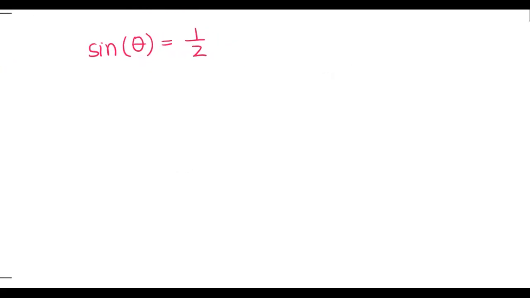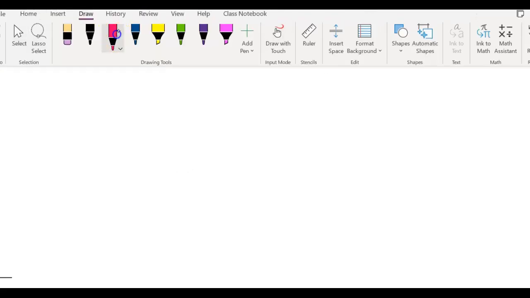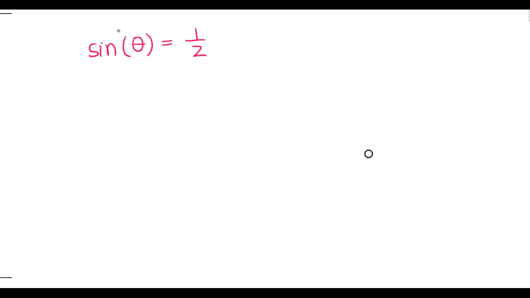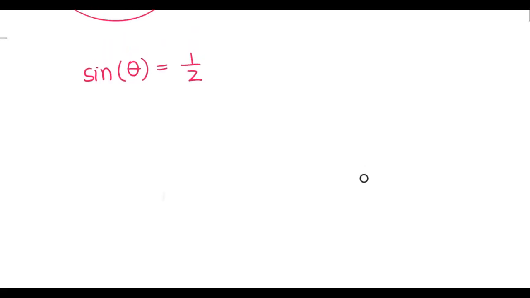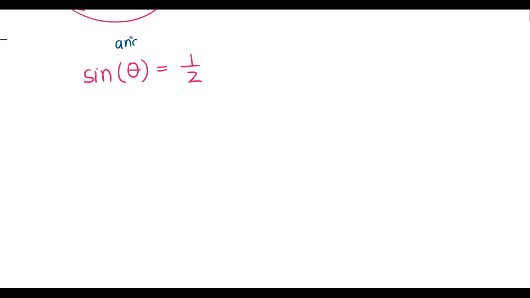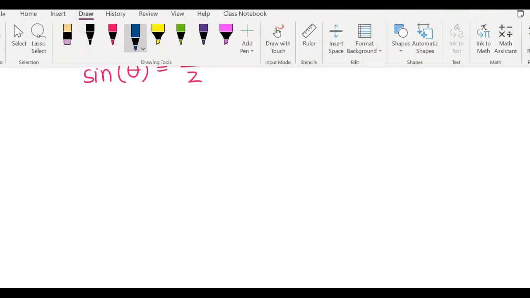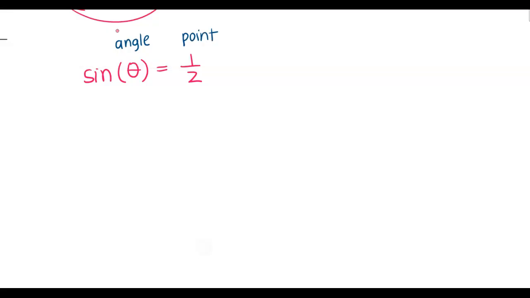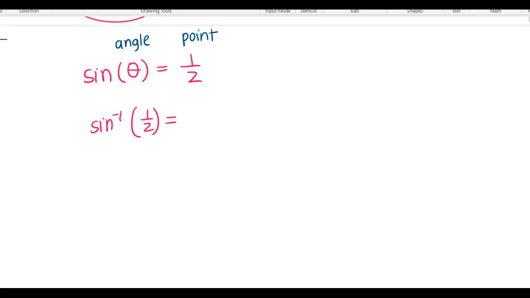Okay, so if we think of the sine of theta equals 1/2, hopefully in your head you're thinking, now instead of plugging in an angle and getting a point, we don't know the angle, right? That's our unknown. So when we take the inverse of 1/2, we're trying to figure out what is that angle, right?